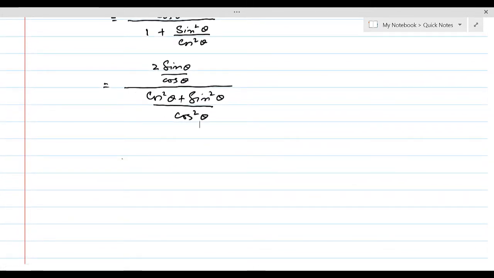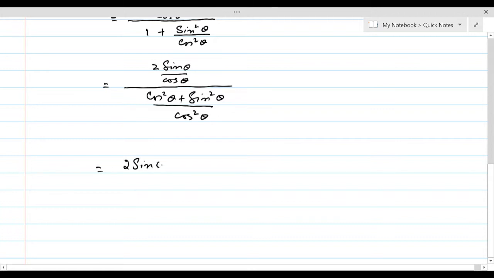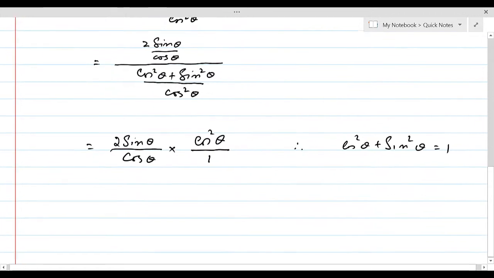And now we can reciprocate the denominator. We'll have 2 sine theta over cos theta into cos square theta divided by 1, because cos square theta plus sine square theta is equal to 1.